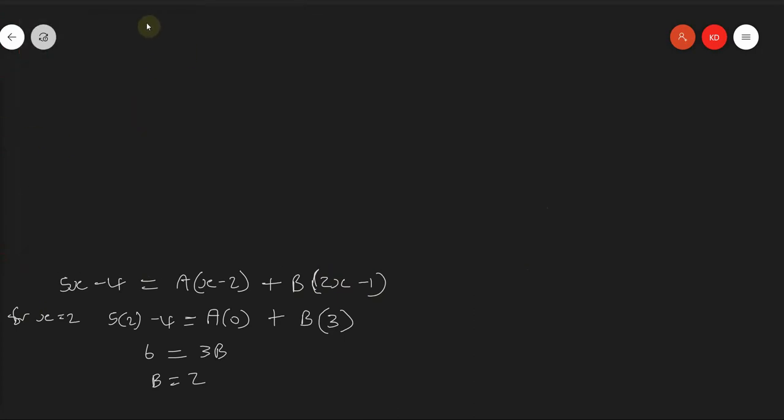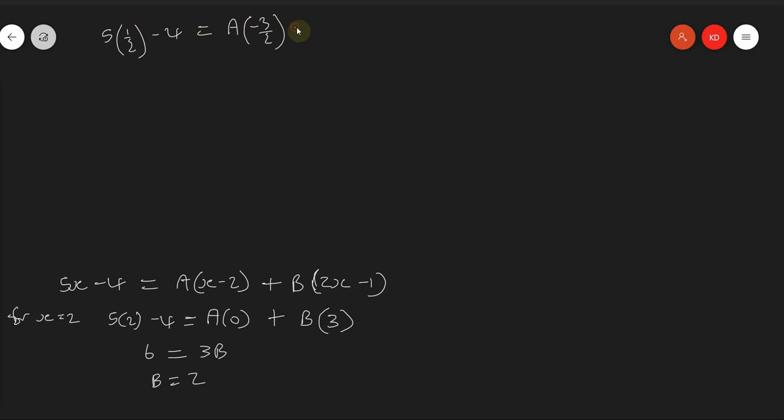Alright, so we're going to use half, so 5 multiplied by a half minus 4, which is equal to a times a half minus 2, that's negative 1.5, or negative 3 over 2.